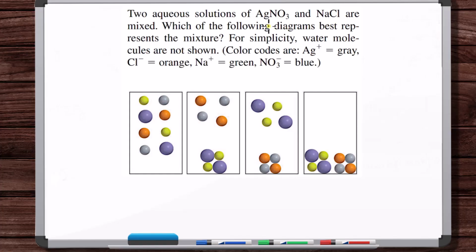So they're going to break up into ions completely in a non-reversible reaction in aqueous solution. So you've got an aqueous solution of Ag plus cations and NO3 minus anions floating around everywhere, and then a separate aqueous solution of Na plus cations and Cl minus anions floating around everywhere, dissolved in water, hydrated in water.